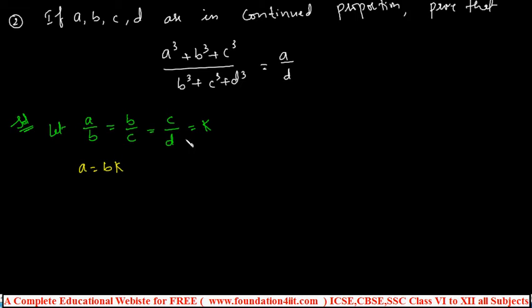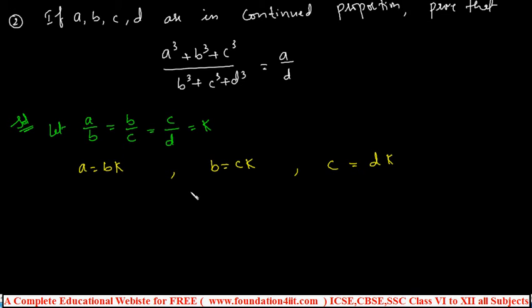So A is equal to BK and B is equal to CK. Similarly, C is equal to DK. This is the first step. But here A is in terms of B, B in terms of C, C in terms of D, and everything I should write in terms of D only.